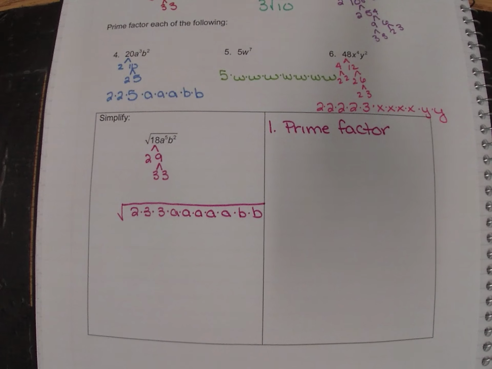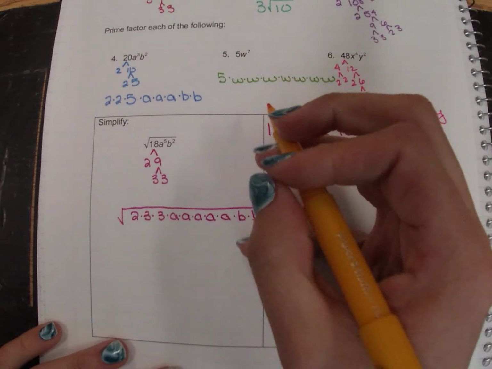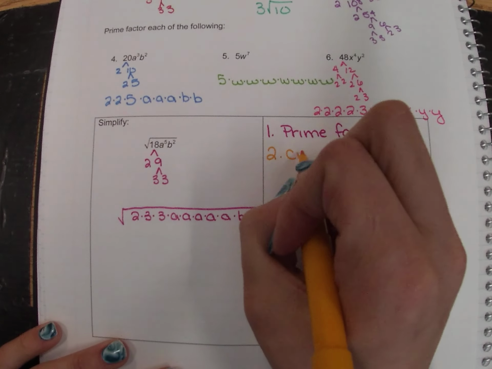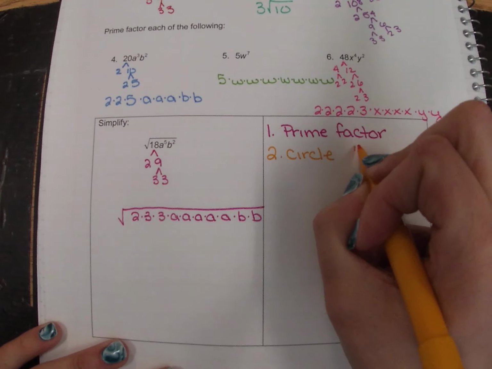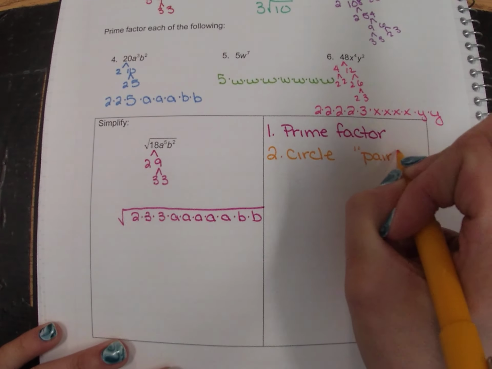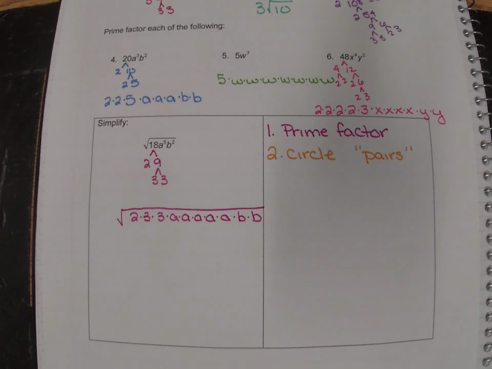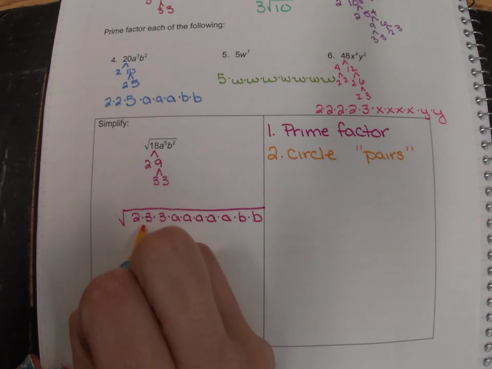Our second step is then going to be to identify any pairs. So we're going to circle our pairs. And just like we said before, those pairs that we're circling are anything that would be a perfect square. So if this was a cube root, we'd do 3 of them. But we're doing pairs because it's a square root.